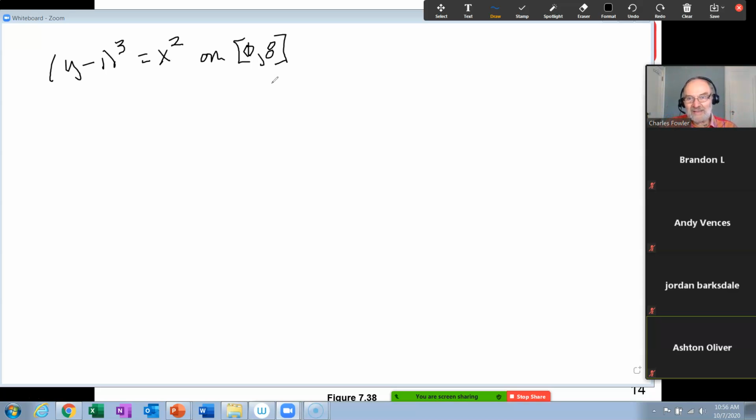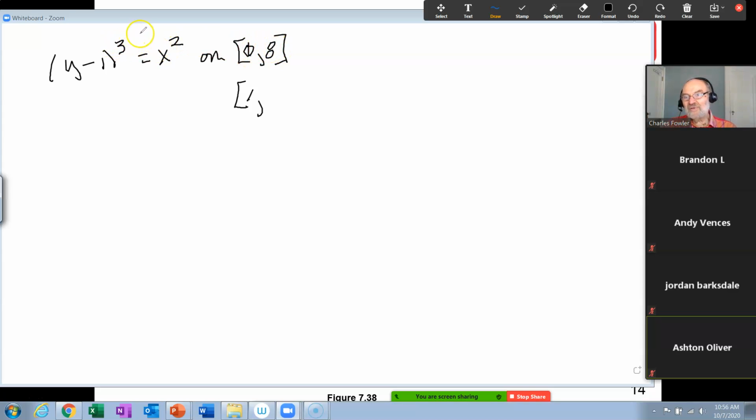So you see, I'm leaning toward writing this as x as a function of y. When x is 0, put a 0 in here, y is going to have to be a 1. So the interval on y would be going from 1, and when x is 8, 8 squared is 64.